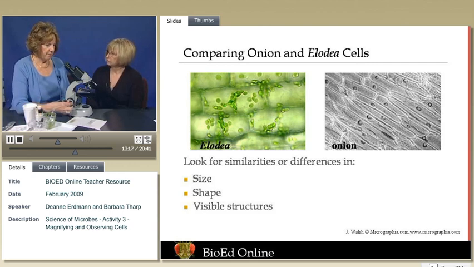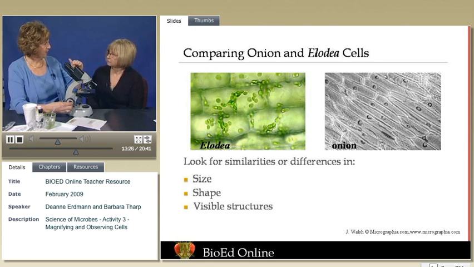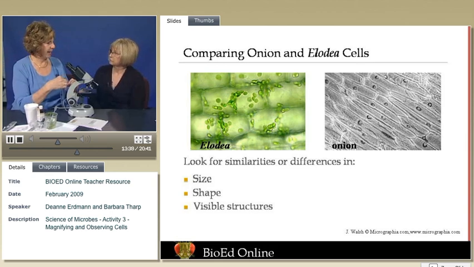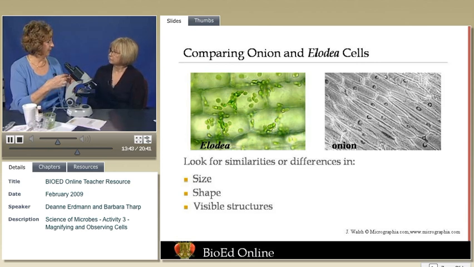And once I have it in focus, if I just barely go up and down with my fine adjustment, I can see depth and focus on different layers in my specimen. So the cool thing is that one layer of the cells are much larger than the other layer. So on one layer, you can fit four cells into the same amount of space.